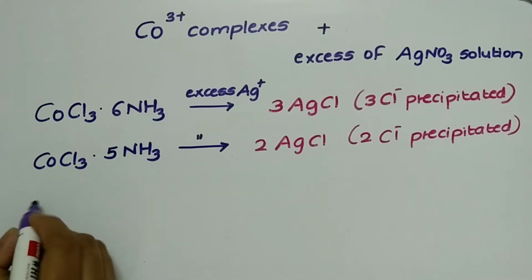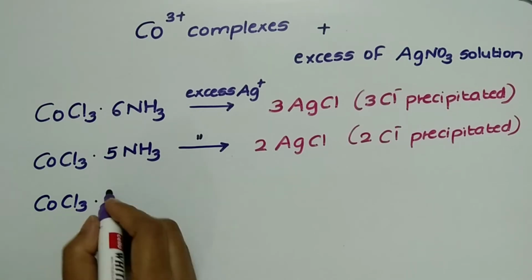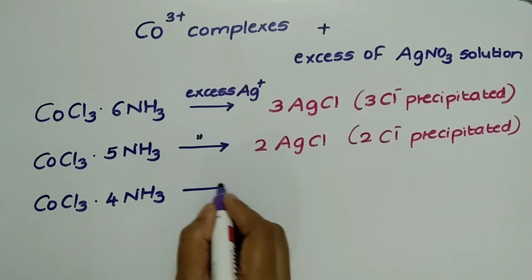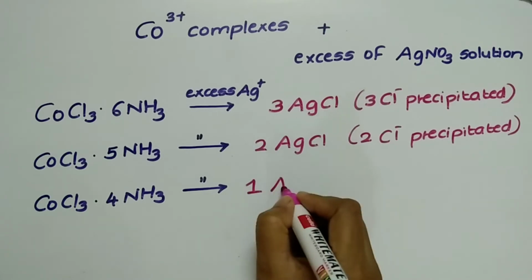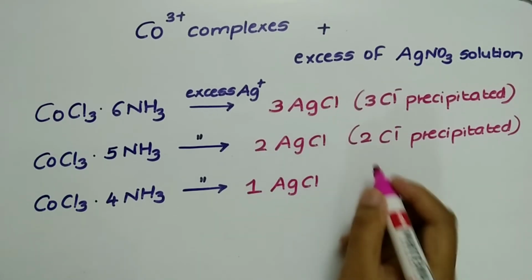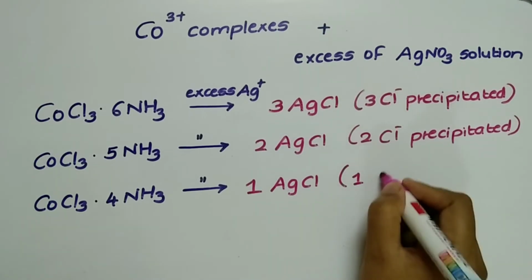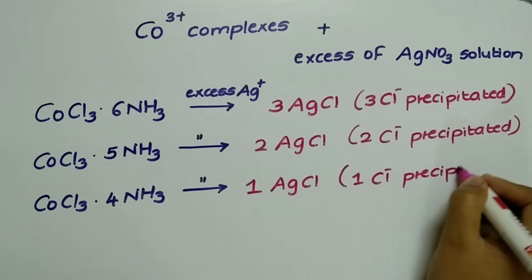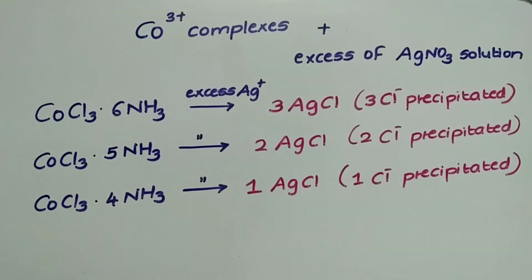Next he took cobalt complex CoCl3, 4NH3. Again he added excess of Ag+. At that time 1 mole of AgCl was precipitated. That means 1 Cl- precipitated.